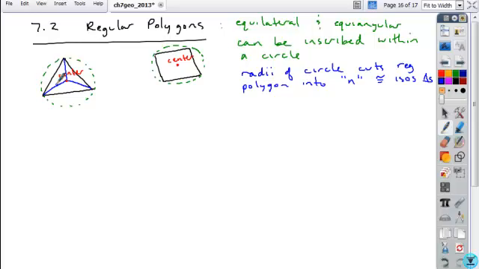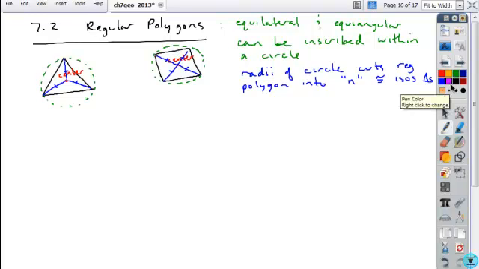And so in this triangle we have these three congruent isosceles triangles. In a square, 4 congruent isosceles triangles. And it's these triangles that we're going to use as a reference when we start talking about area. So I just wanted to get you familiar with the terminology.